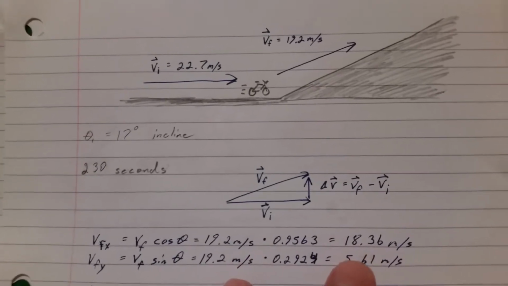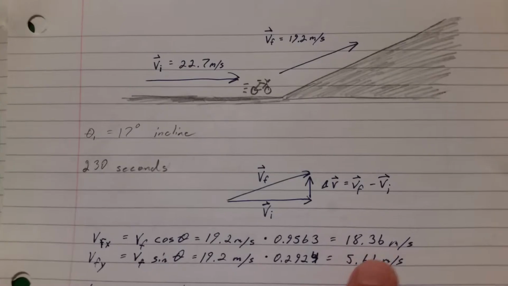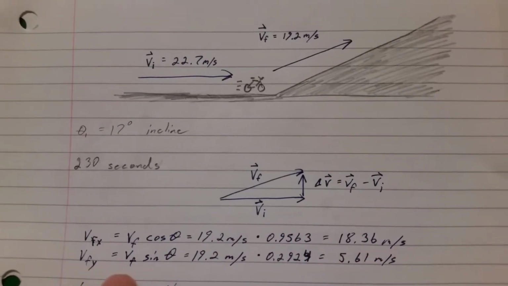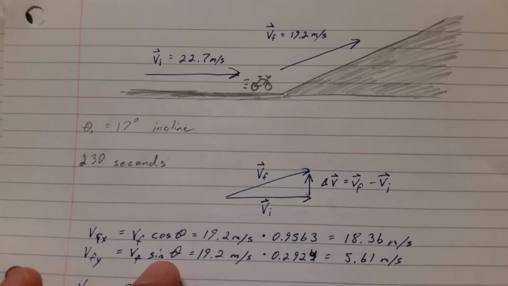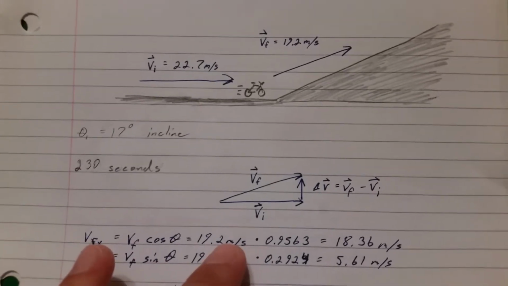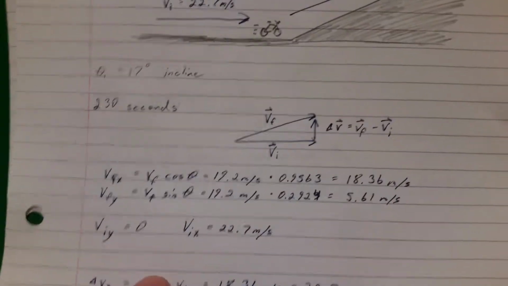So we have in the x direction 18.36. Now this is the x and y components. This is not, one is the initial and one's the final. This is both just the final.